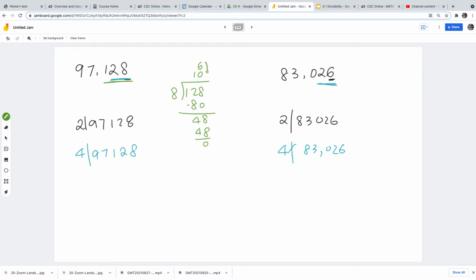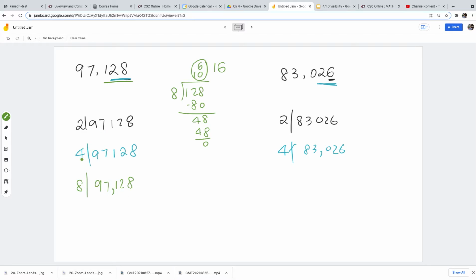The quotient is 10 and 6, so the actual quotient is 16, right? So yes, 8 divides 128. If 8 divides all 3 digits, 128, then 8 does divide 97,128. So 97,128 is divisible by 8.